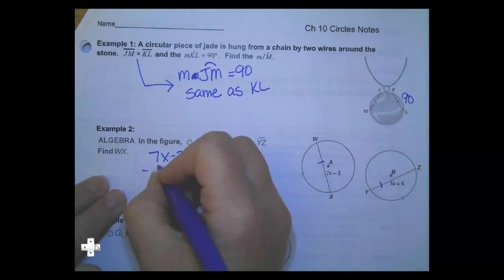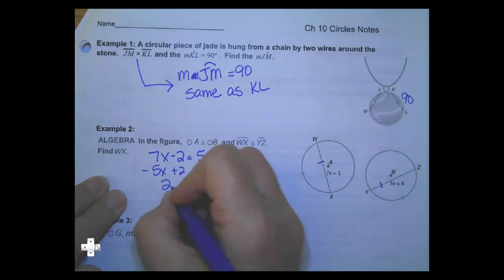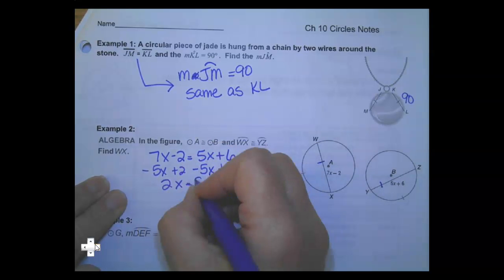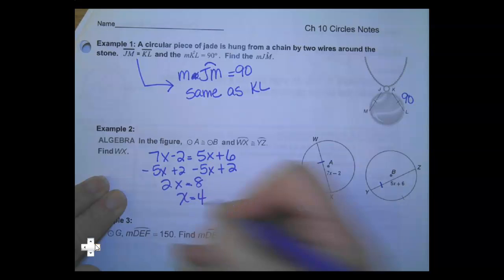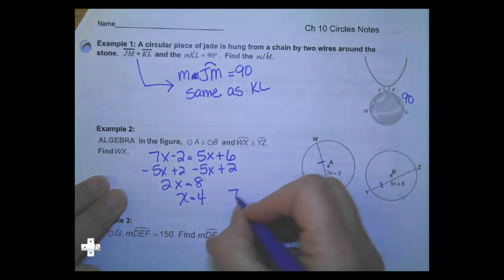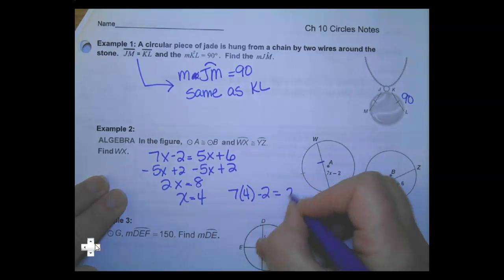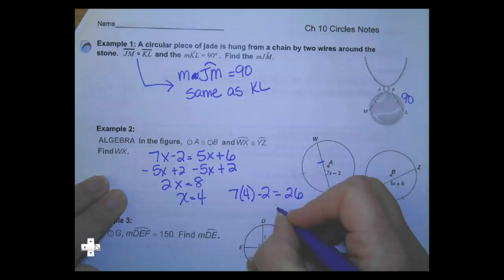Minus 5x, plus 2. 2x is equal to 8. x equals 4. And we're trying to find WX, which is 7 times 4 minus 2. 28 minus 2 is 26 for the measure of WX.